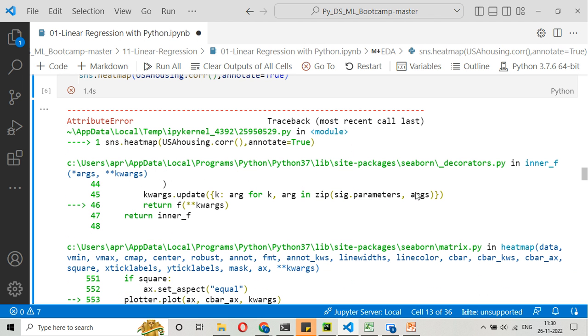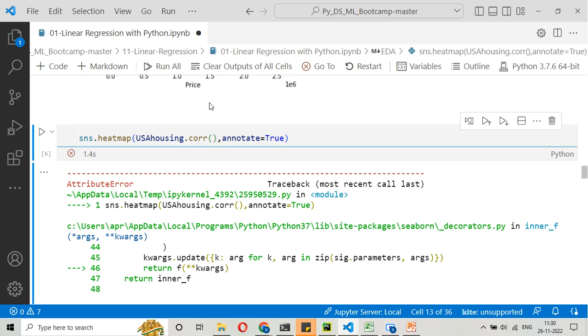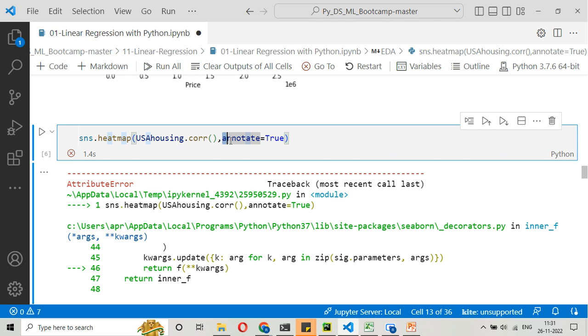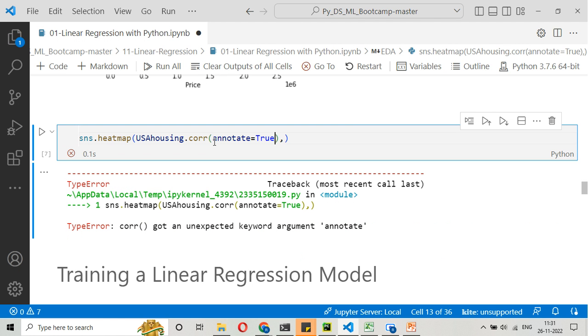It is saying error. Actually this annot, I think there were two values. It should be inside this.